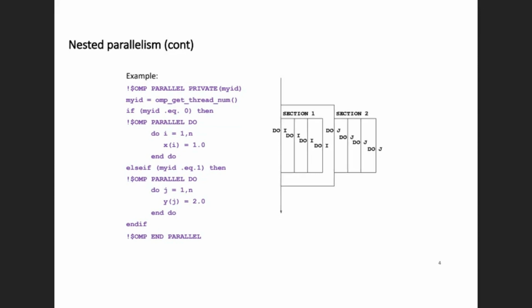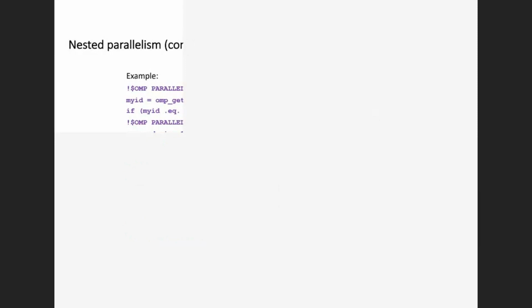Okay, so a reasonably simple example is suppose that I have two loops here. I have a loop over values of I, which sets some values in an array X, and a loop over J, which sets some values in Y. There's no reason in principle why I need to do all of this loop and then do all of this loop.